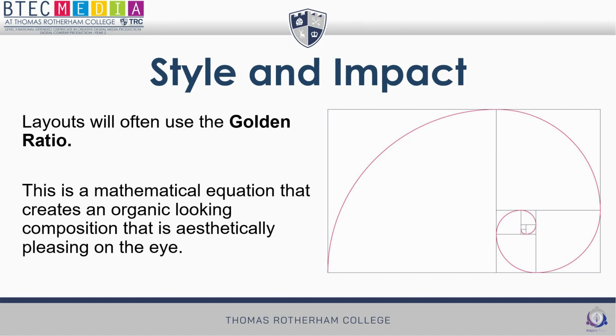And the idea behind the golden ratio basically is the idea that inferior elements on a page should be 1.618 times smaller than the previous elements that preceded it in terms of its importance.